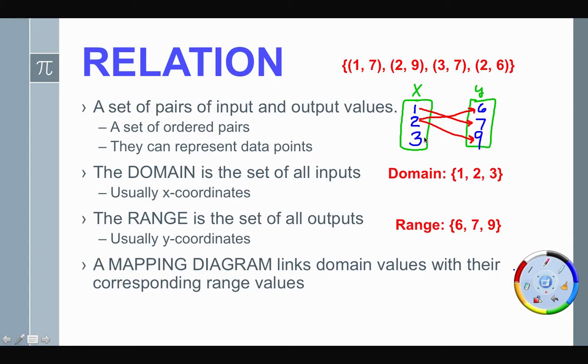And then 3 maps onto 7. And that would be a mapping diagram for this particular relation. So we would be mapping domain values onto range values.